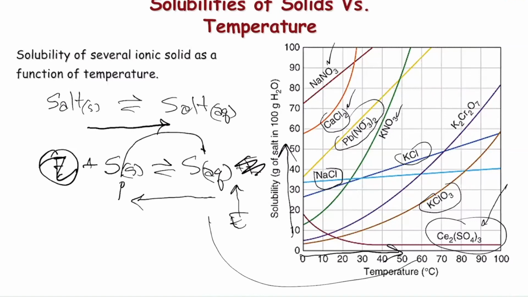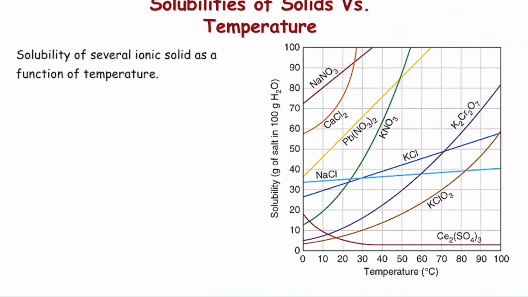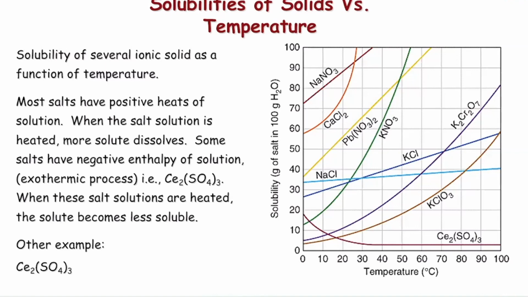So remember this table. You guys will see this table a lot. Let me clear this up. You see this table a lot, especially for those of you in lab, experiment number 5. So most salts have positive heats of solution. That means it's endothermic.